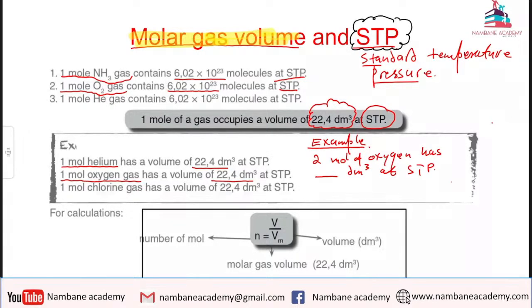What should be done in this instance? It's very easy. One must just multiply the volume of 22,4 with what? With 2, and that will give us 44,8. So 2 multiplied by 22,4 will give us 44,8.